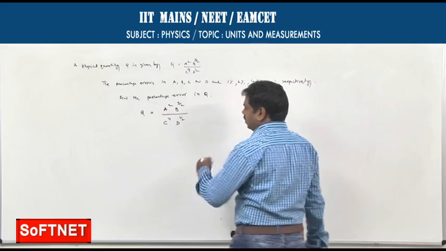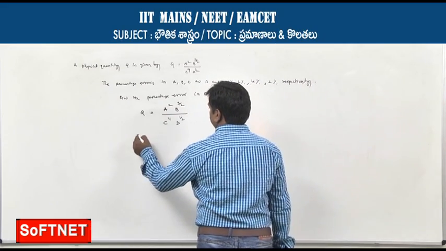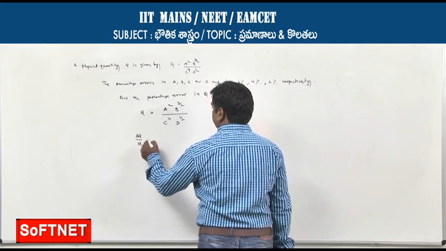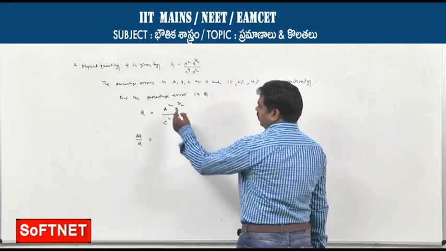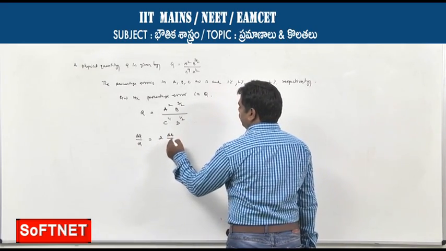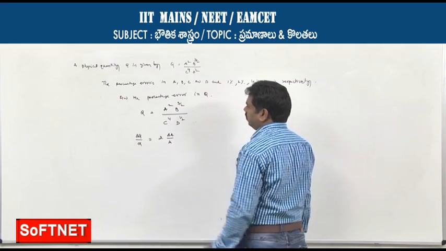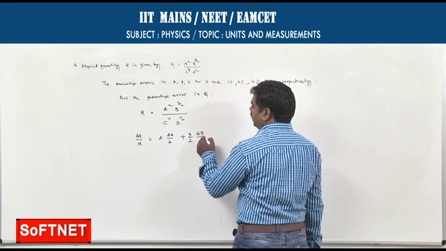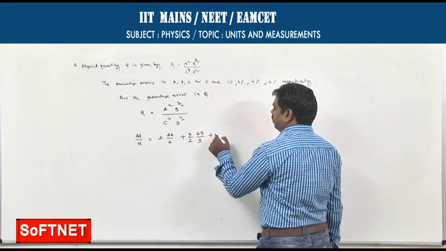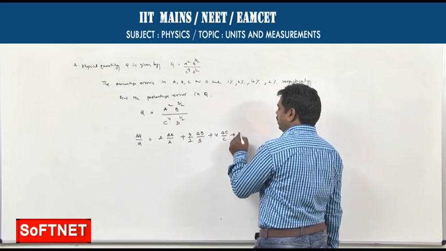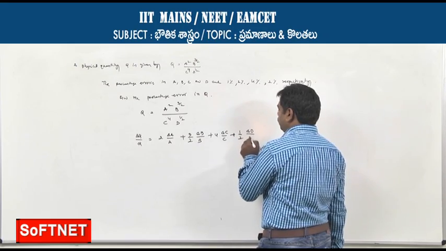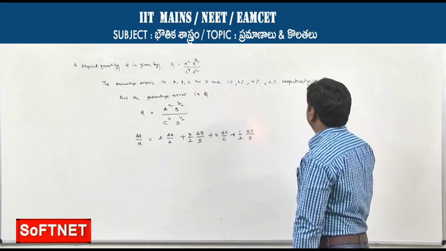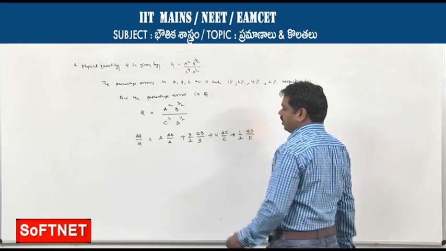Now, already we discussed the propagation of the errors. Following that principle we can write delta Q by Q is equal to 2 into delta A by A, the power will become the multiplier, and next here also 3 by 2 into delta B by B plus 4 into delta C by C plus half into delta D by D. Now percentage of errors are given to you.